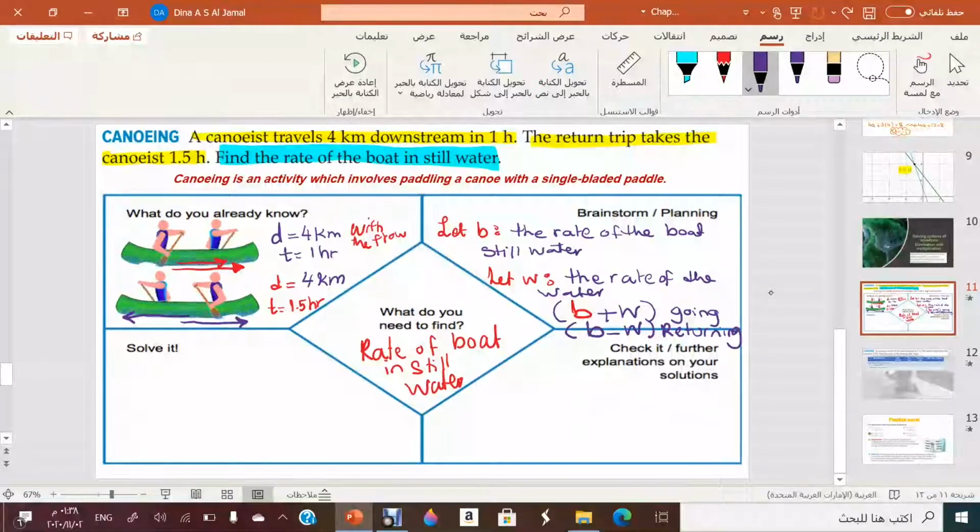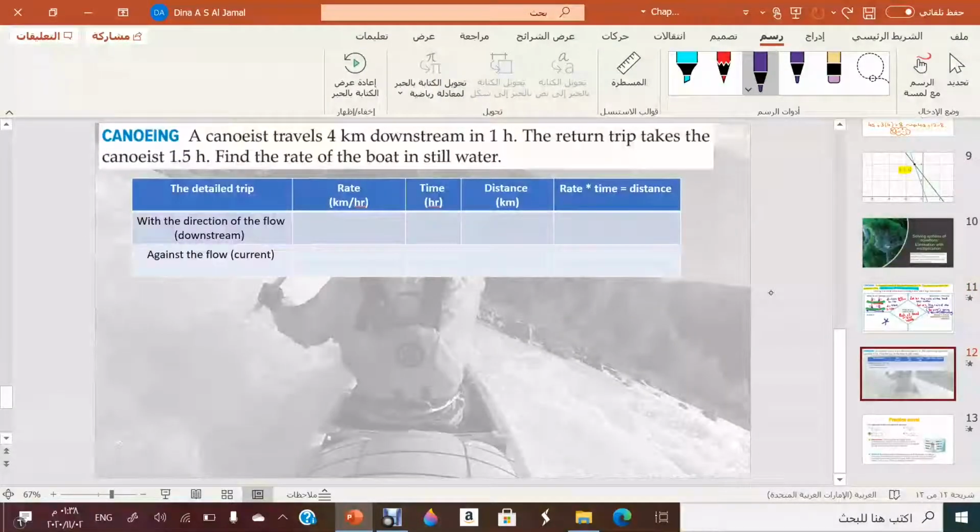This is one of the most important things that you have to understand. I think you took it previously in physics, and it's all about the direction of the flow and the object itself.